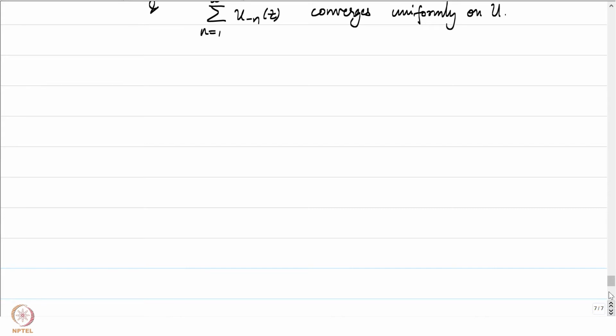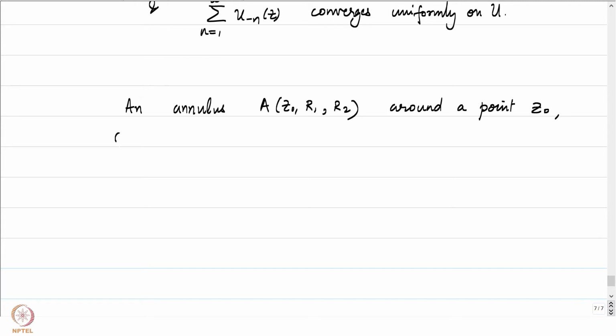We will define an annulus around Z0 to be a disk of radius R2 with a closed disk of radius R1 inside it removed. So, an annulus A(Z0, R1, R2) around a point Z0, for 0 less than or equal to R1 less than R2.